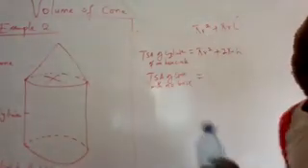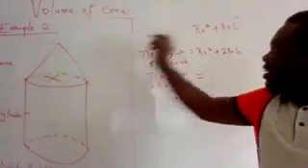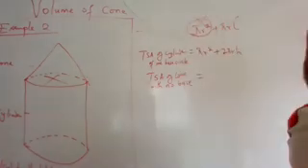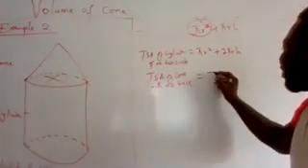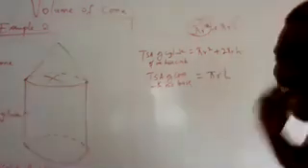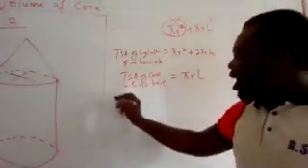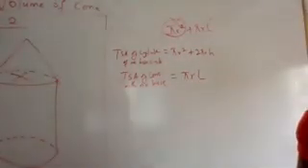But because you are not seeing that circle, this part is not there. It's cancelled out. So you only have pi r l.